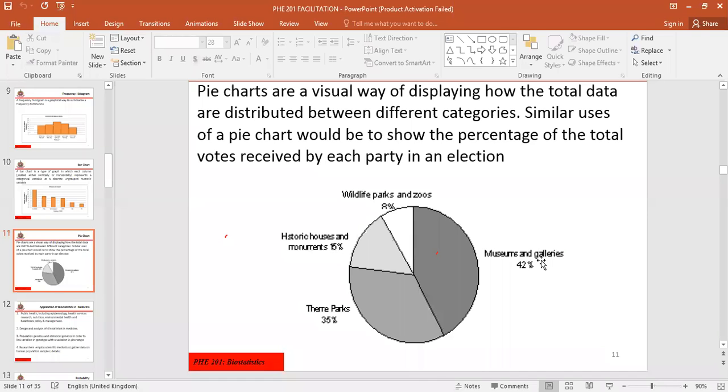Of course, they would have given you those in terms of figures. Take for instance, maybe the whole land is 5 plots of land. They tell you that museums and galleries cover 1.5 plots of the total 5. Are you with me? The other one, like the theme park, covers maybe one plot of the whole land, like that.